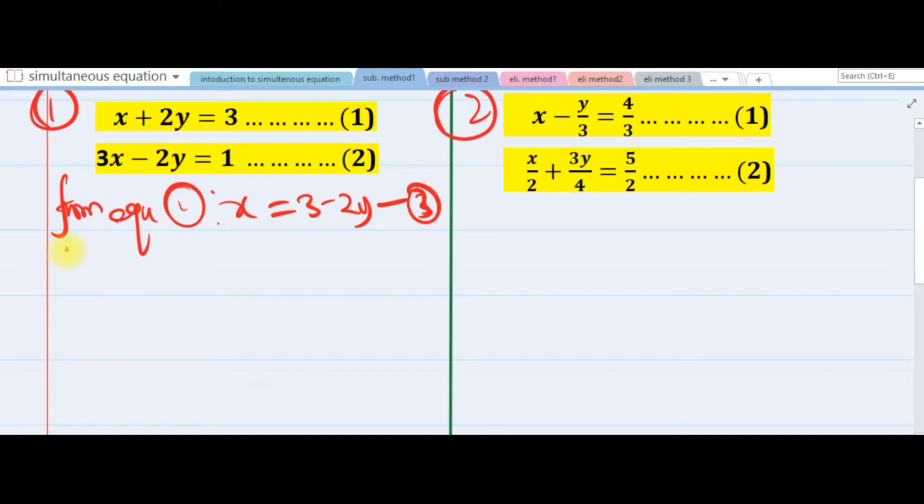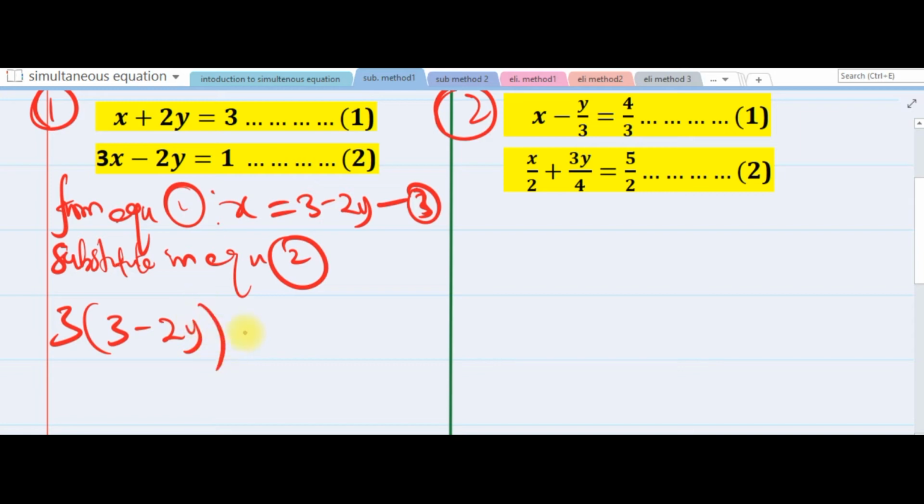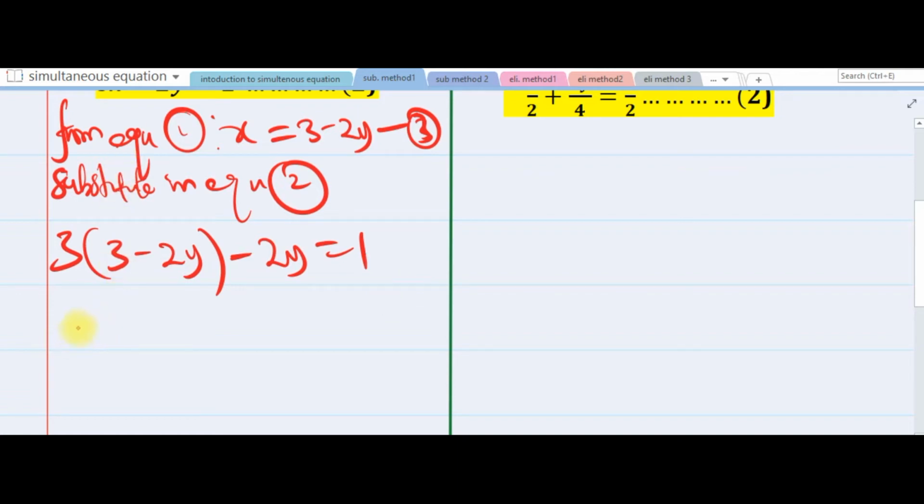You now substitute equation 3 in equation 2, meaning that wherever I see x, I write 3 minus 2y, minus 2y equals 1. So we now expand, you open up the bracket. 3 times 3 is 9. 3 times minus 2y is minus 6y. Minus 2y equals 1.